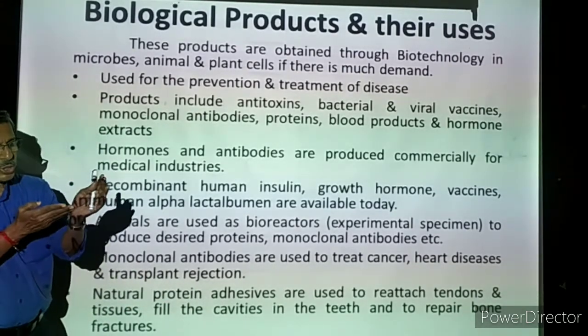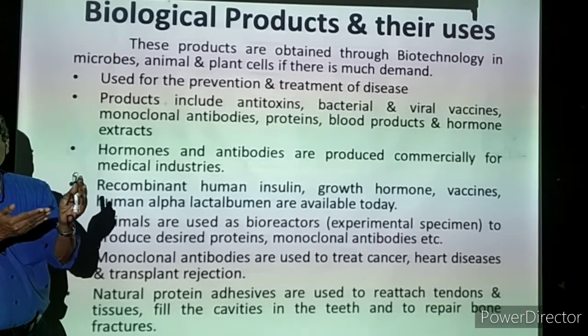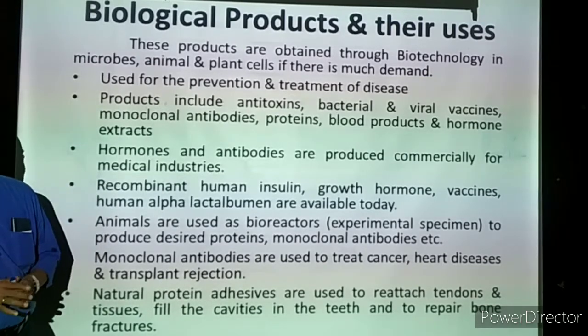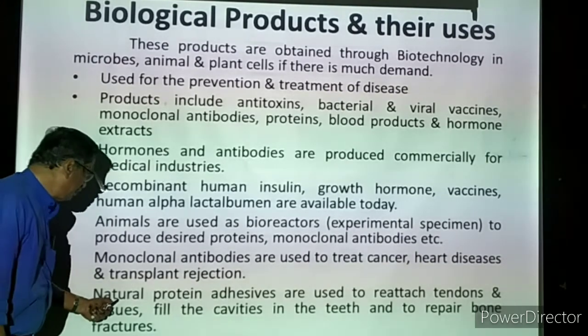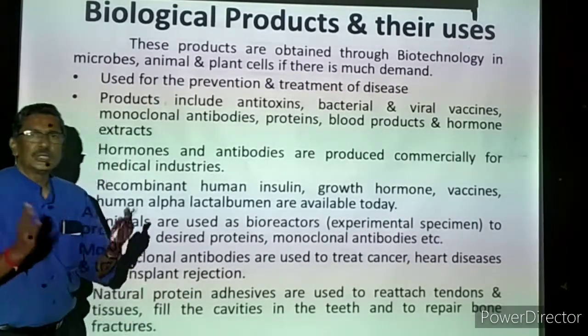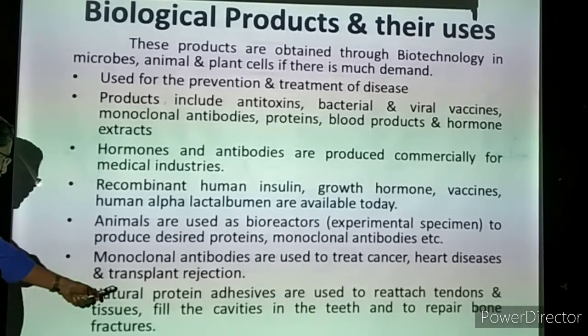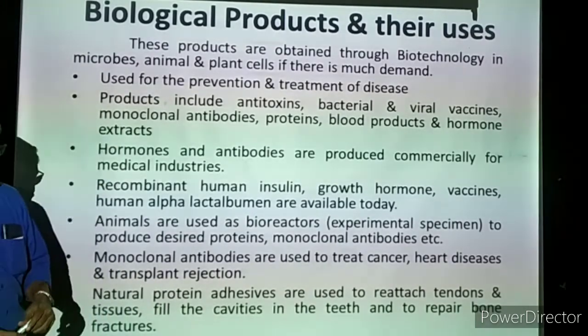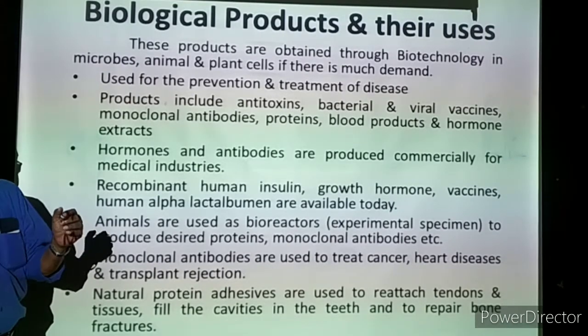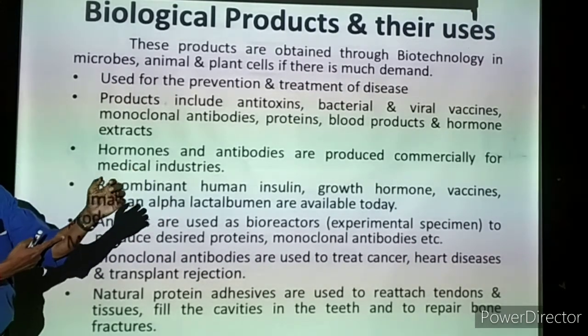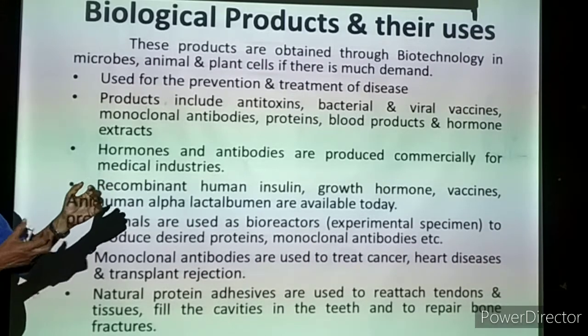Whenever a tissue or organ is damaged or cut, the edges were sutured previously. Sutured means they will stitch it. But now they can apply this natural protein adhesive. I'll give one simple example. Imagine that by accident, with a glass piece or a knife, the skin is torn a little deeper. A lot of blood is coming.